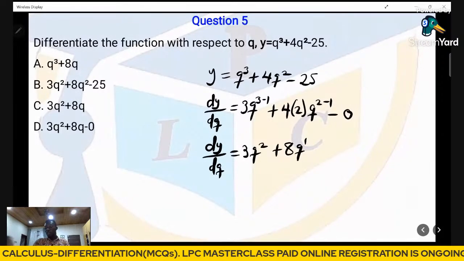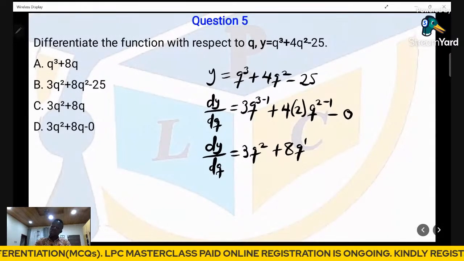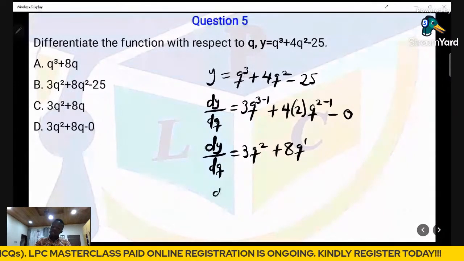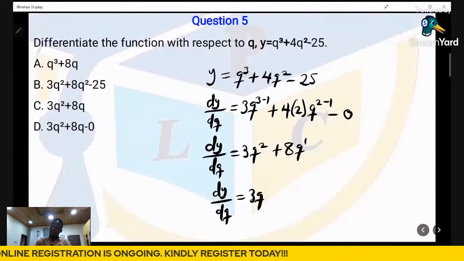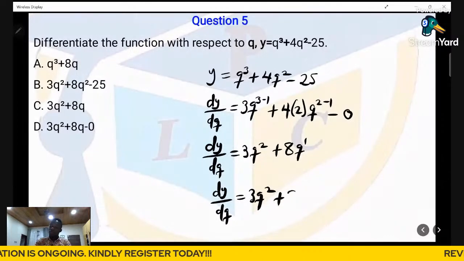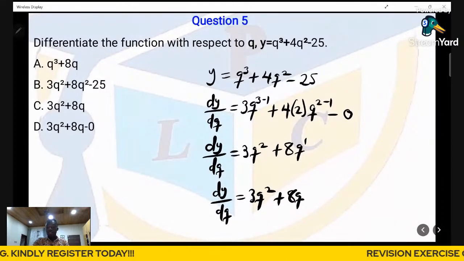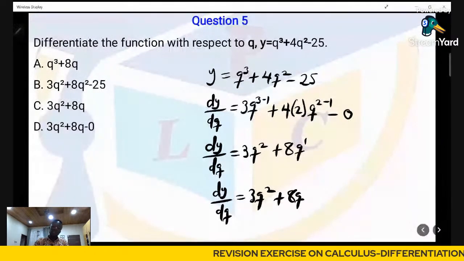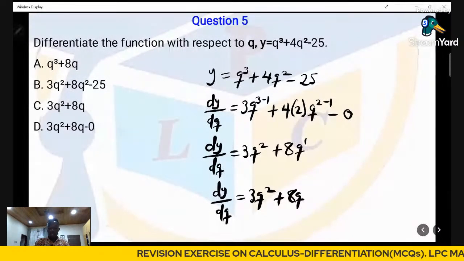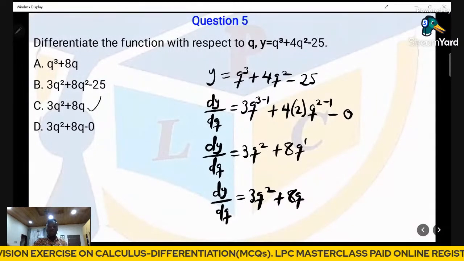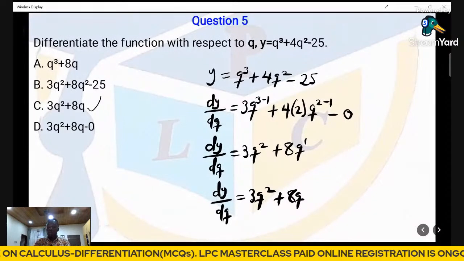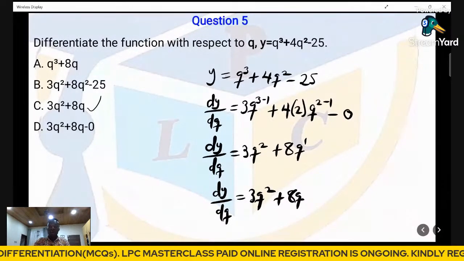Minus 0 is the same thing as nothing, so we just ignore that. So therefore, we say that our dy over dq is going to give us 3q squared plus 8q. So that's going to be option C. 3q squared plus 8q. So let's take note of that.